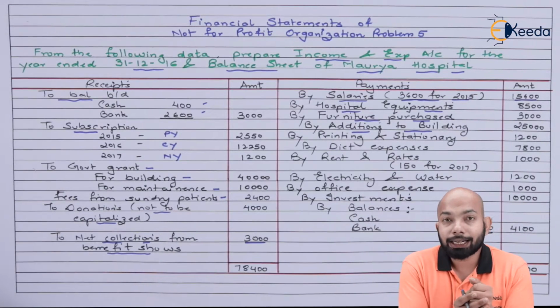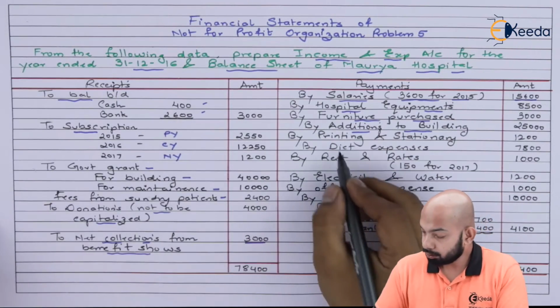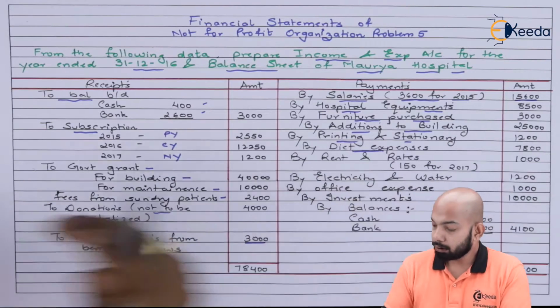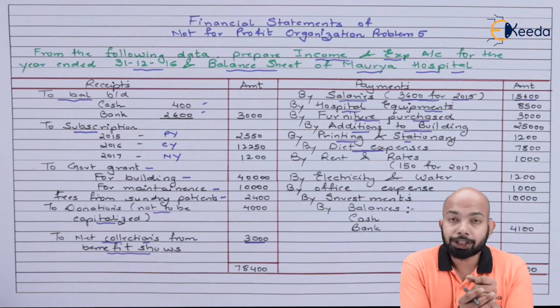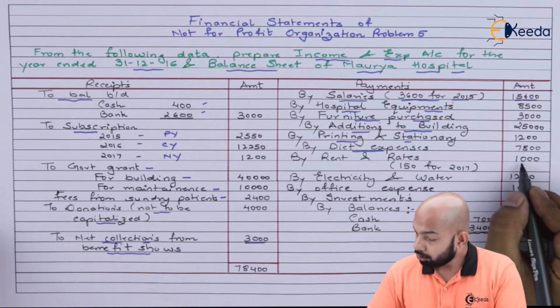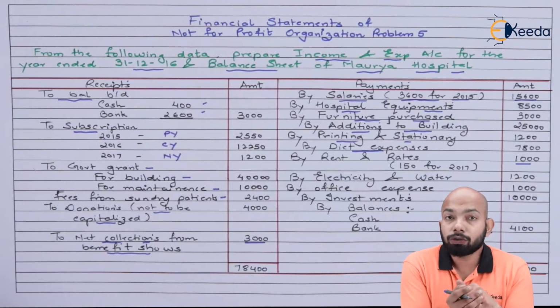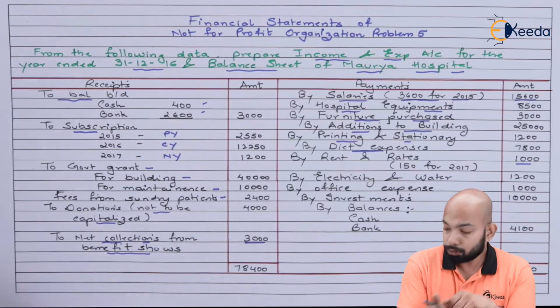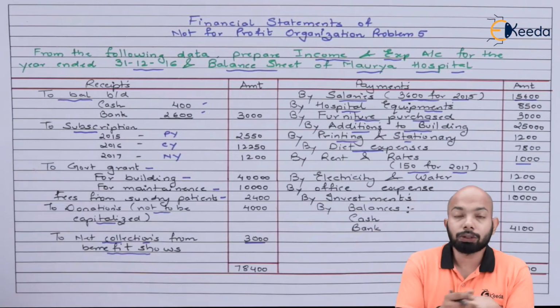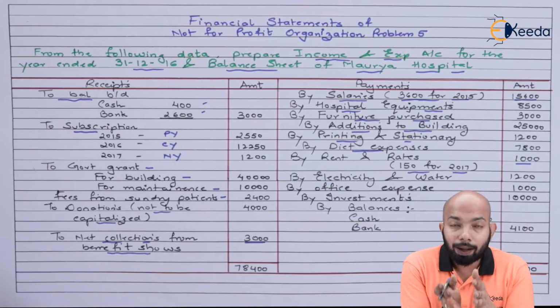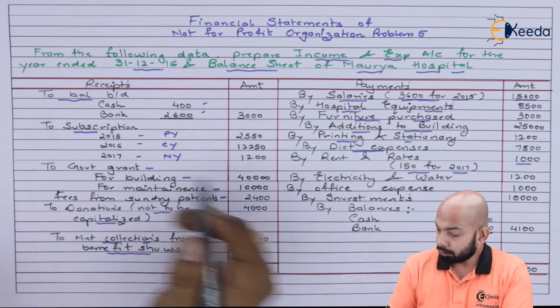Printing and stationery expenses have been mentioned. Rent and rates have been mentioned, the total amount being 1,000, out of which 150 refers to 2017. That means advance payment has been made.